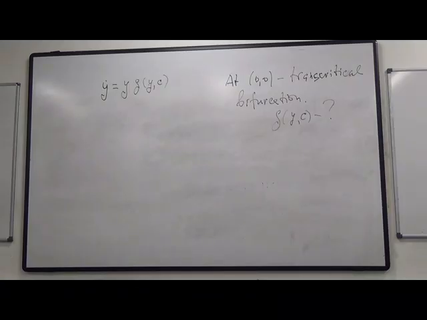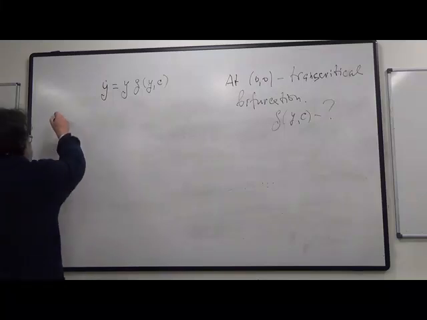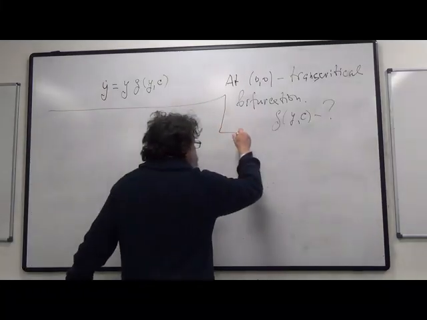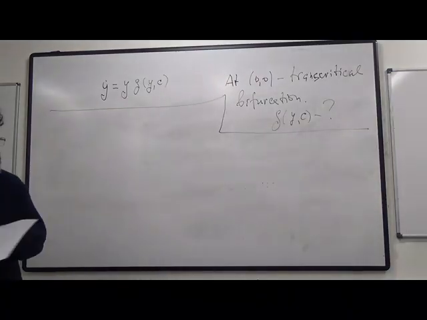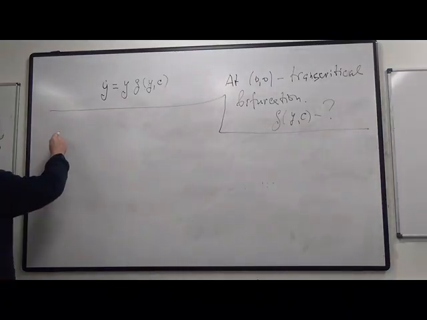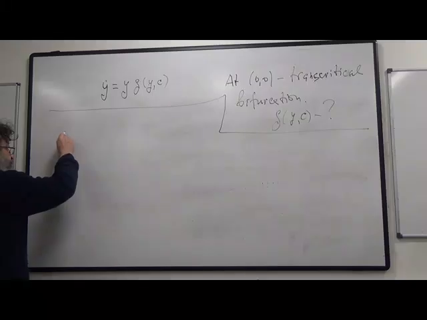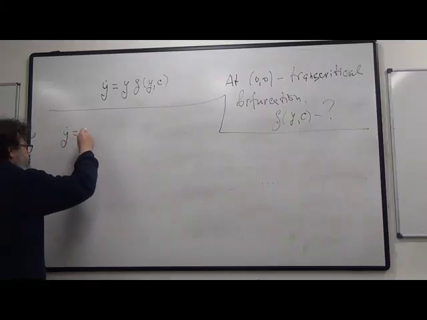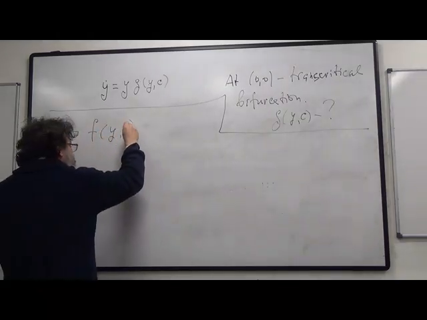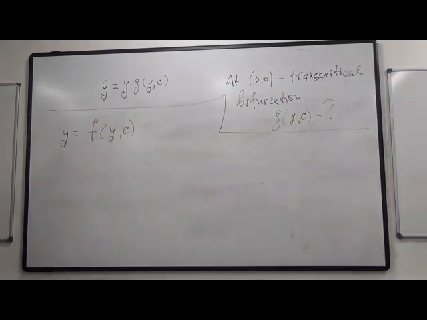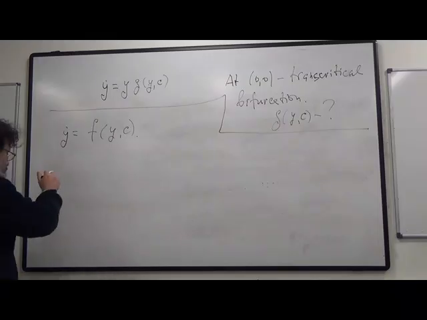We can start with the definition of transcritical bifurcation, or the definition of any bifurcations we know. So let's consider, okay, I will keep this: y dot equals some function f of y and c. Then let's take the Taylor expansion, second order, at 0, 0.